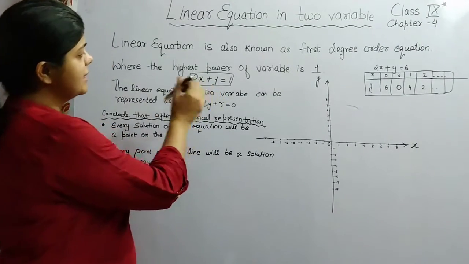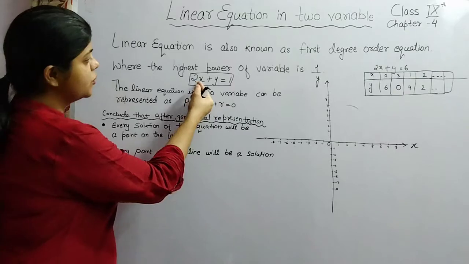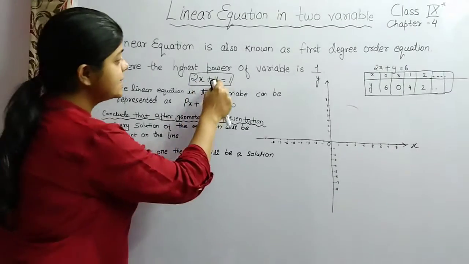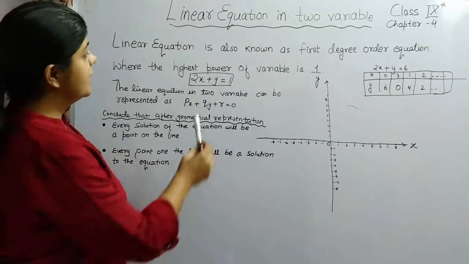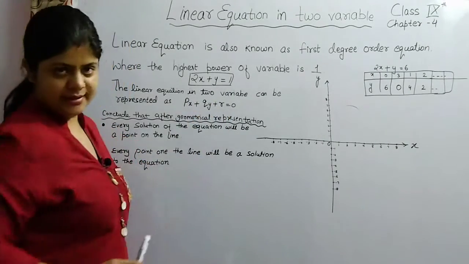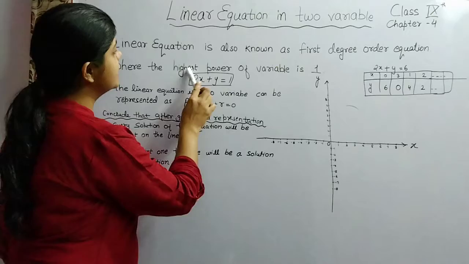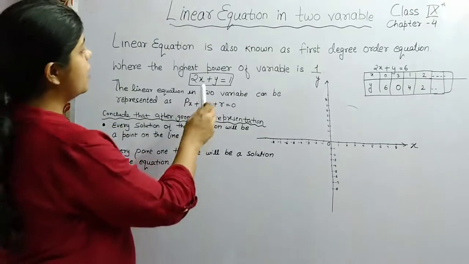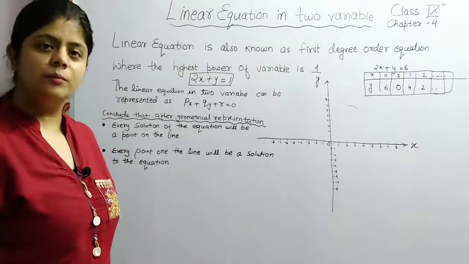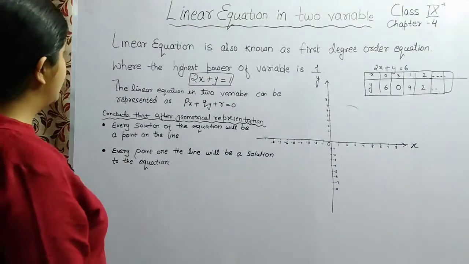Here in 2x plus y, we can see the sign of equal to. It shows that the value of the LHS of this equation is equal to 1. That's why we call this linear equation, not polynomial, isn't it?